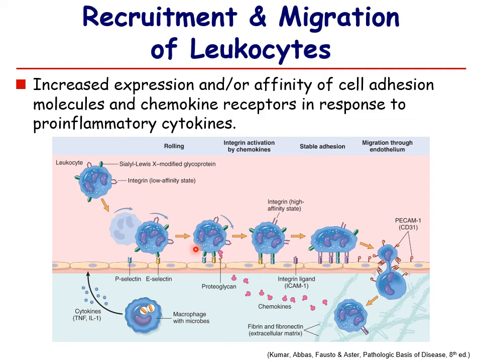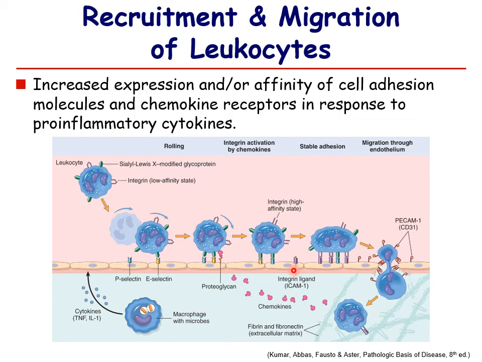So as the leukocytes roll on the vascular endothelium, under the influence of chemokines, the affinity of another type of adhesion molecules called integrin expressed on the leukocytes would increase and begin to bind to the integrin ligand expressed by vascular endothelial cells.